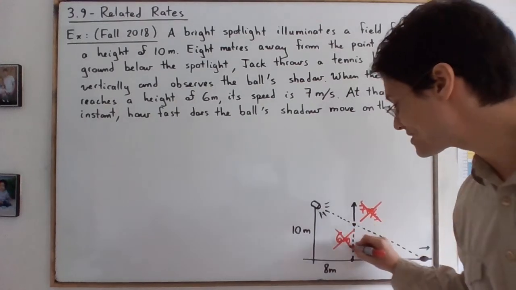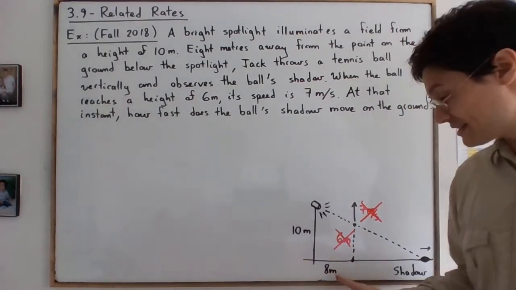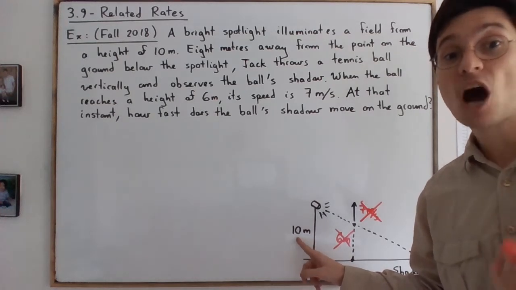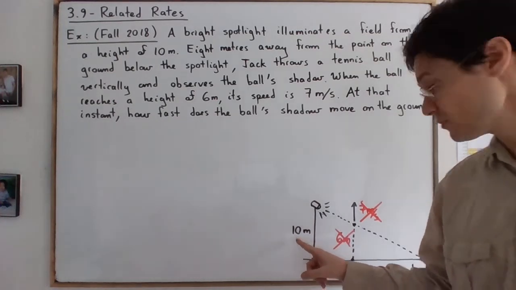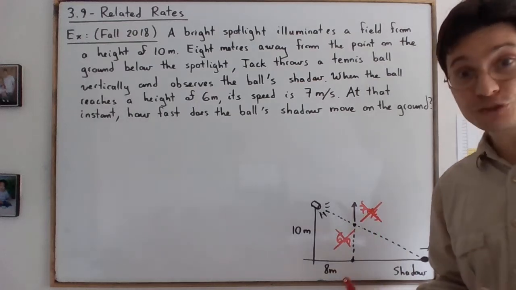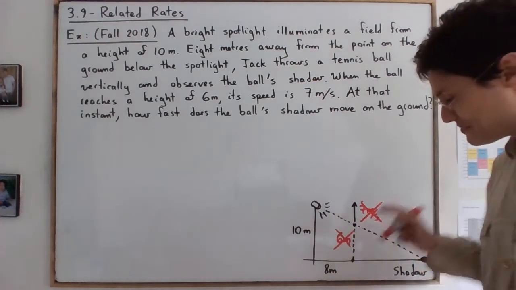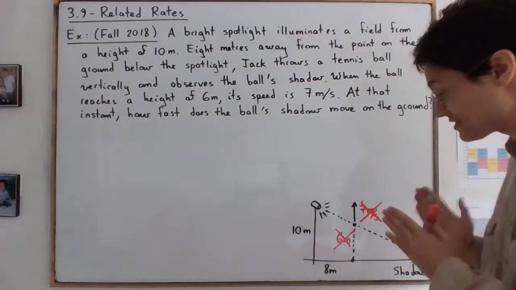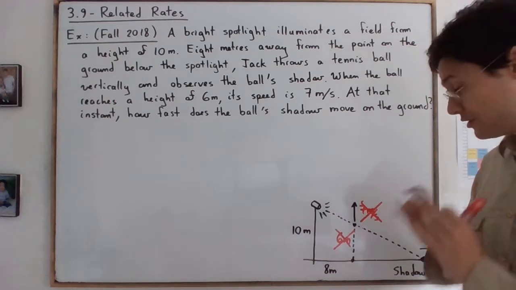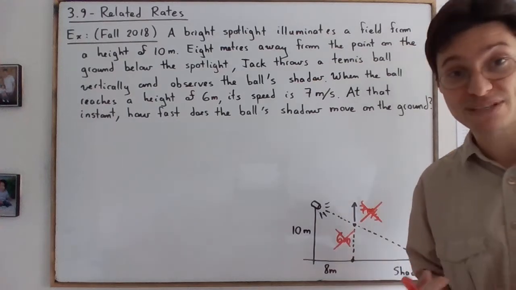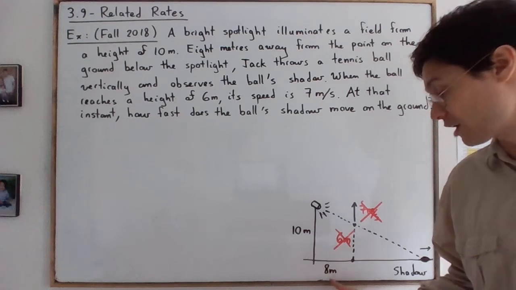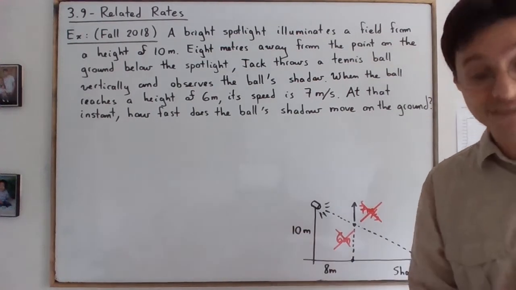The reason is that this 8 meters and this 10 meters are actually constants. I will keep these crossed out even if they don't look pretty, just to emphasize: do not label your 6 meters and your 7 meters per second here, because they are changing, not constant, unlike the 8 meters and the 10 meters.